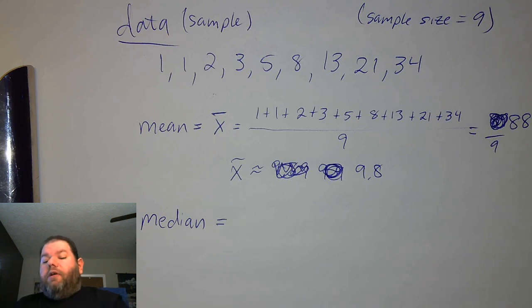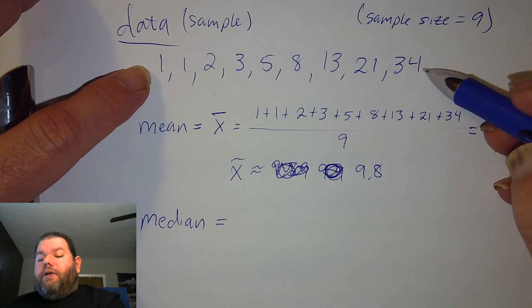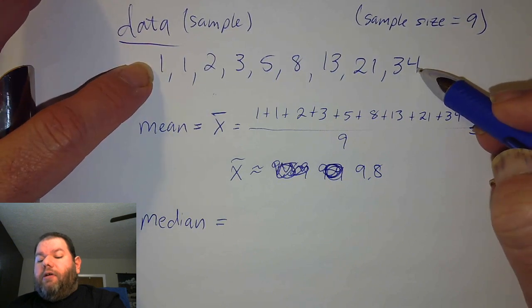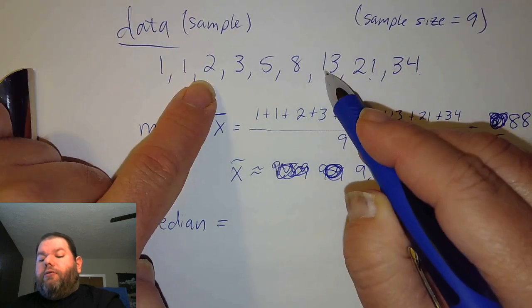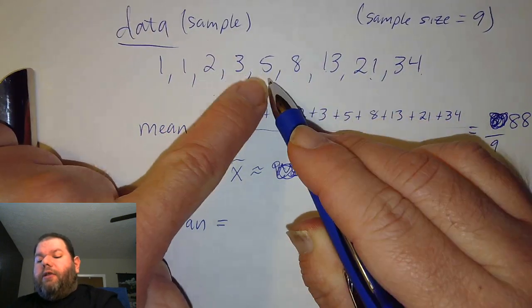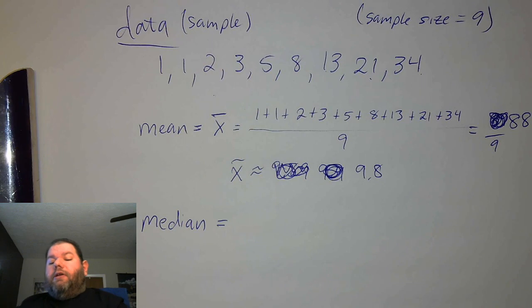Five? Yeah, if we start counting from the outside and work in, we have 1 and 34, 1 and 21, 2 and 13, 3 and 8, and then 5 right in the middle. So we'll use 5 as our median.